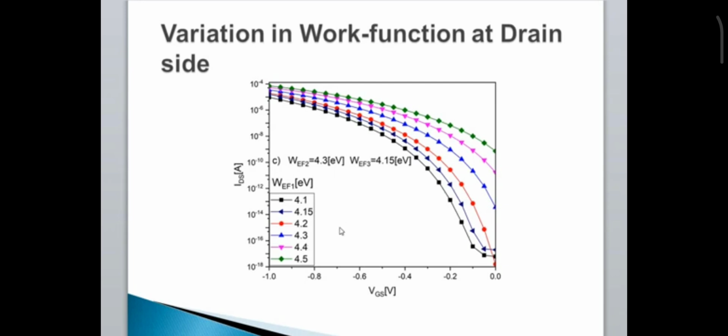As you see in the figure, as we increase the work function at the drain channel interface, there is no change in the on current, but there is some change in the ambipolar current. The ambipolar current starts increasing as you increase the work function from 4.1 to 4.5 electron volt.